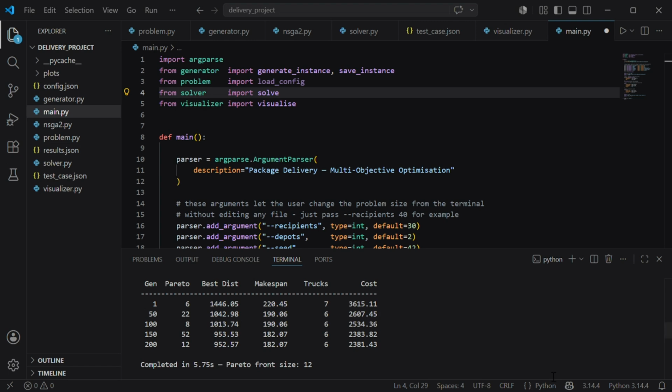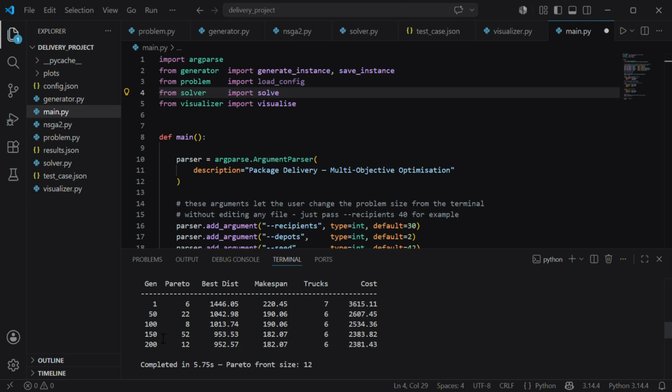Let's see what generation 50 prints. By generation 50, the distance is already down to 1042. That is a big improvement. The algorithm is finding better routes by combining and mutating the good solutions.